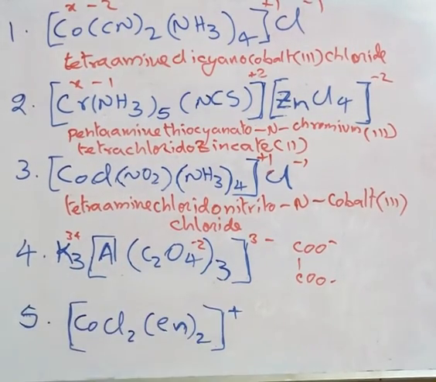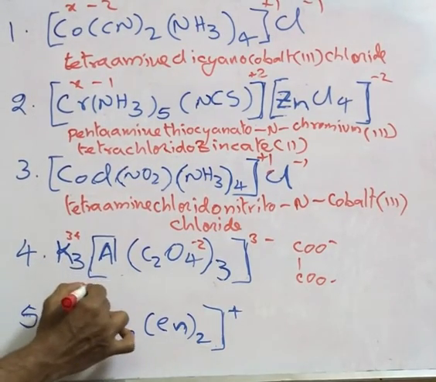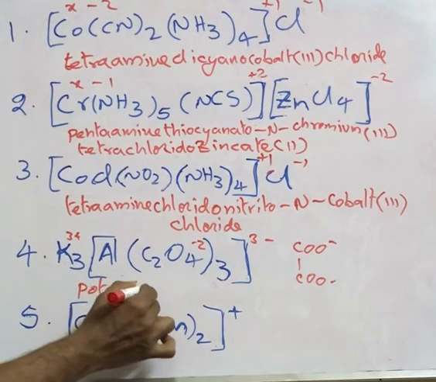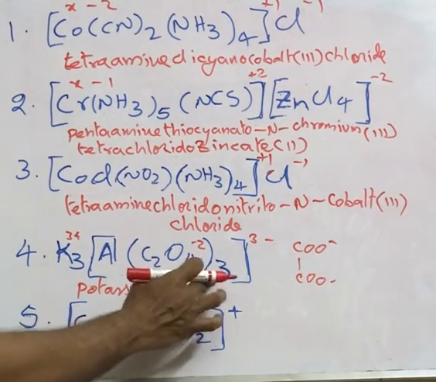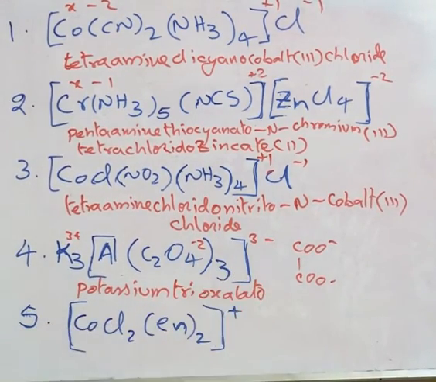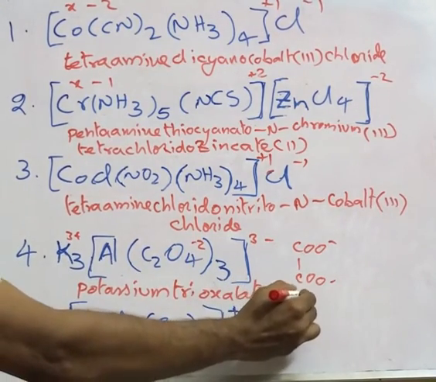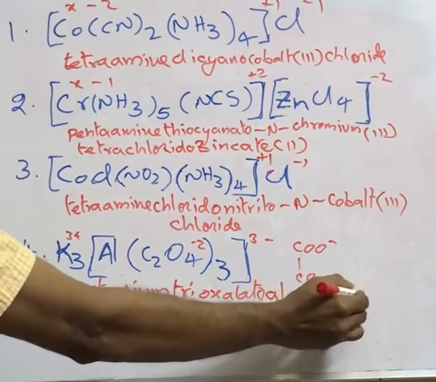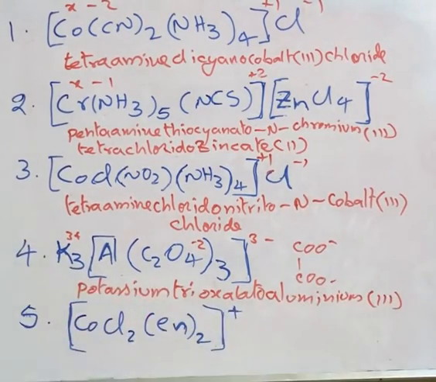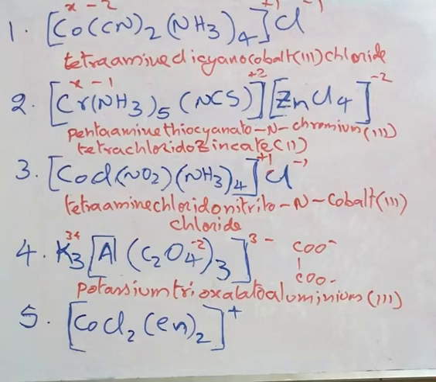So you have to write once again, first the potassium. Simply we write potassium. Now trioxalato, aluminum 3. This is the way we can name this particular compound: first the cation, then the anion. The aluminum is in the anion, so we need to write aluminate.